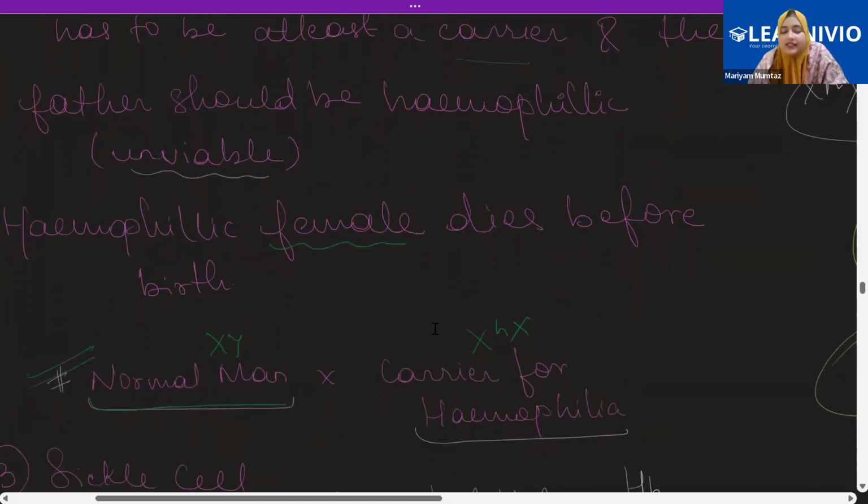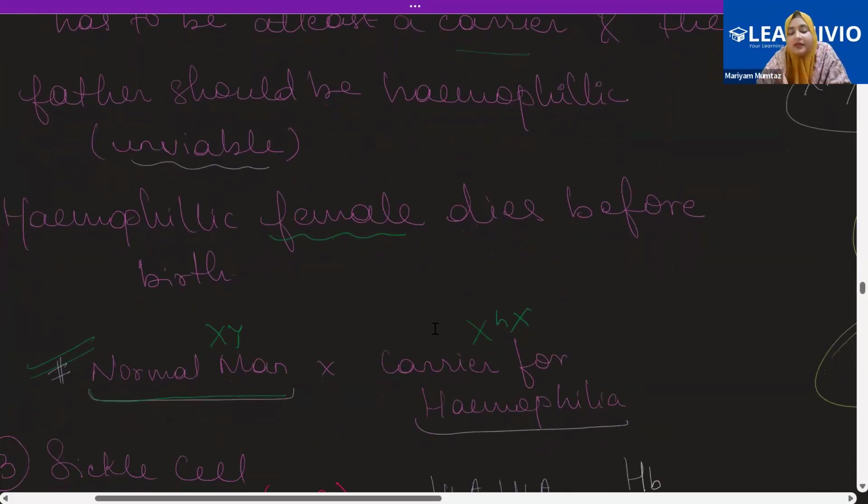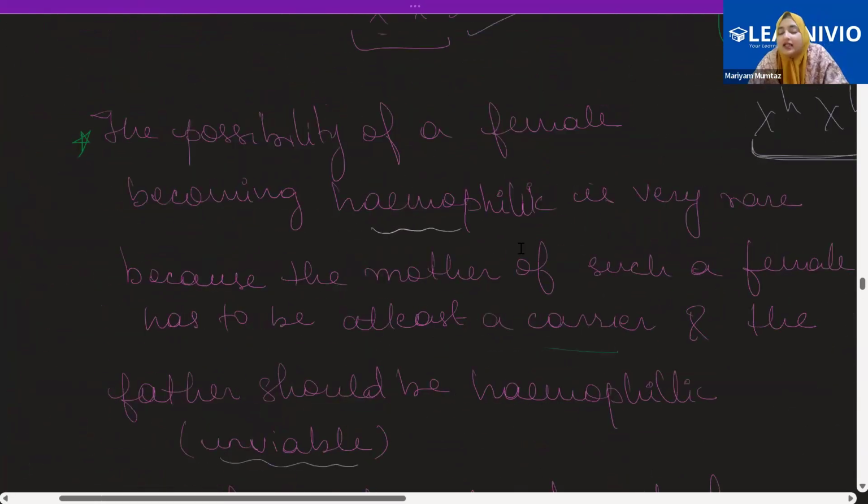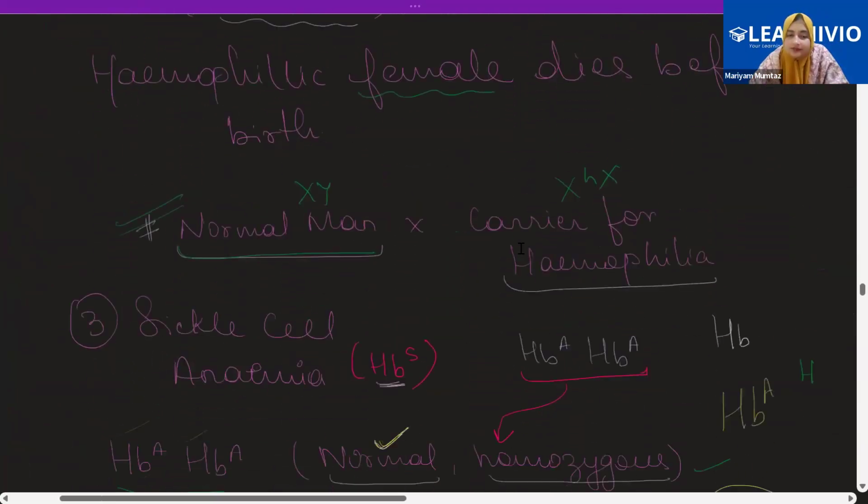So that is the case. So hemophilia can be there when a normal person marries a carrier for hemophilia. Clear? So that is the case of hemophilia, which is yet again a recessive disorder in the sex-linked kind.